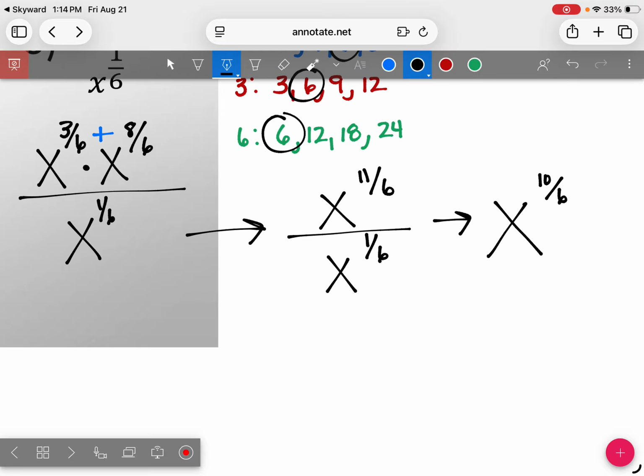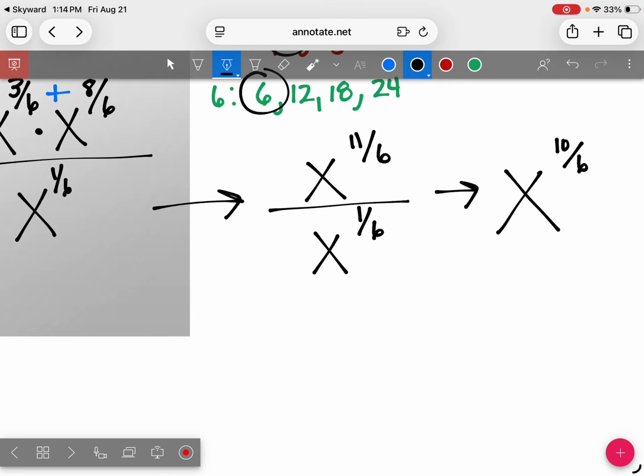So that would give us the 6th root of x to the power 10.